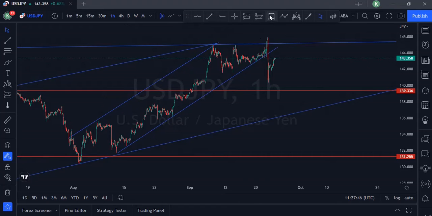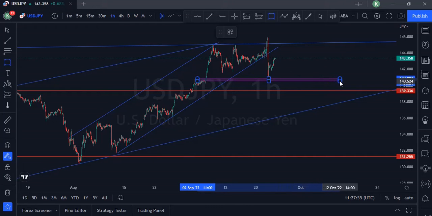So now let's highlight take profits. This is another take profit here. First take profit, sorry. We have second take profit here around this level, and also okay, let's have another.